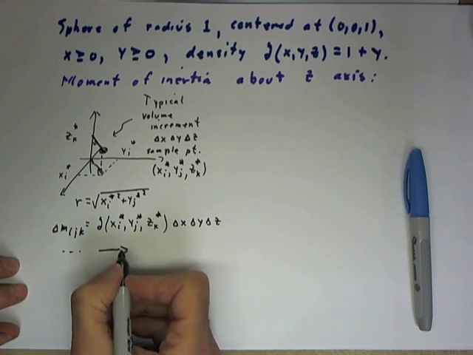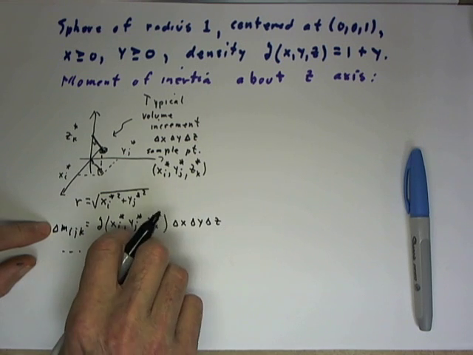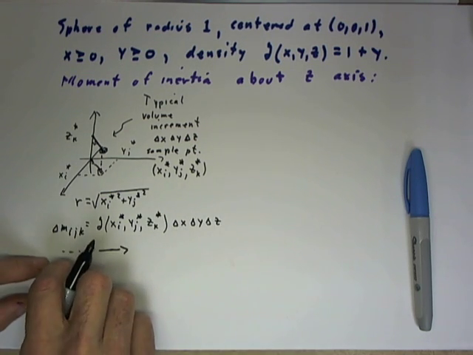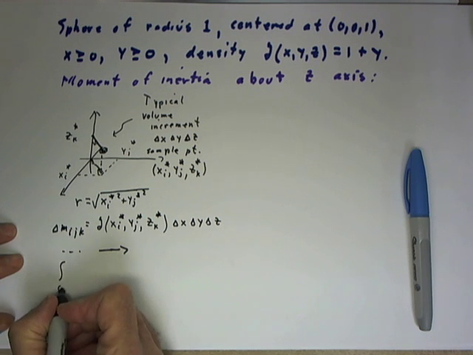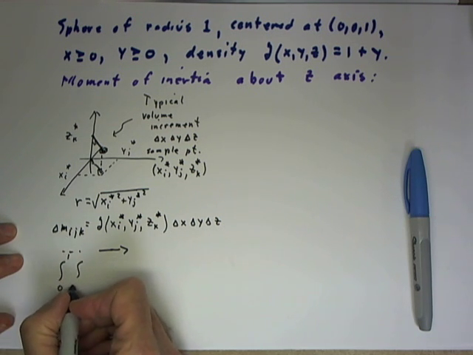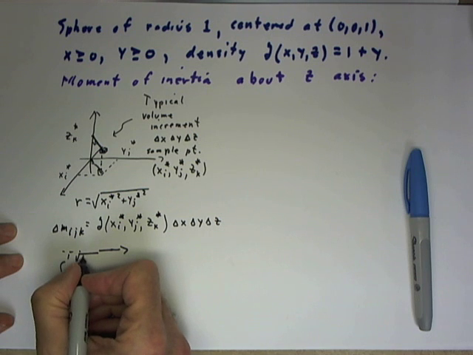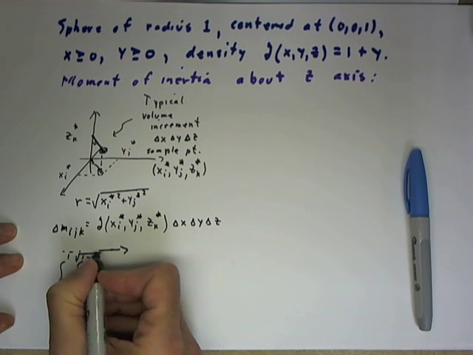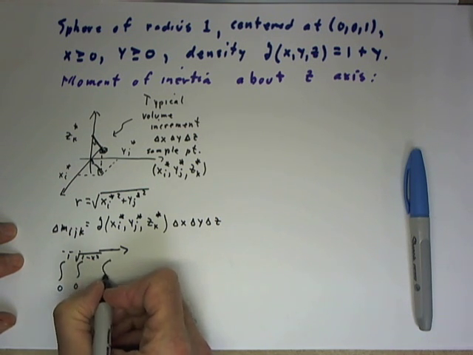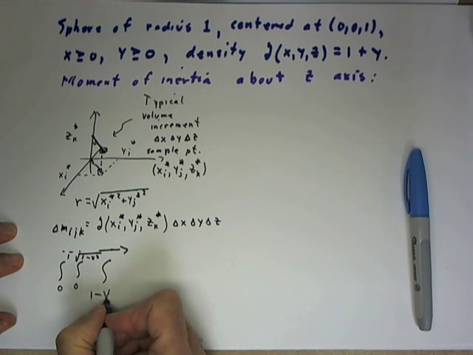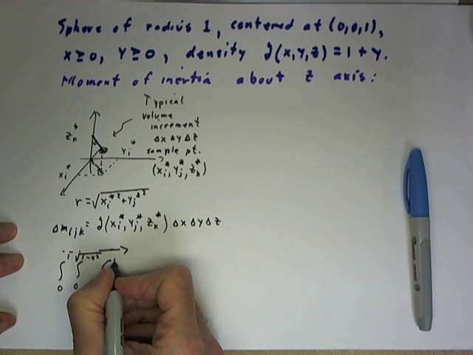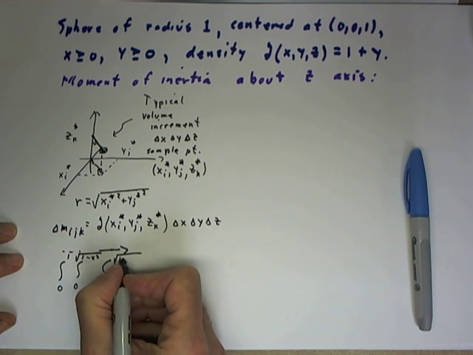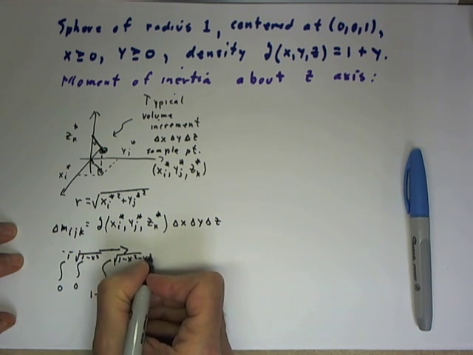We form this sum and let it approach the integral, and the integral that we get is the integral from 0 to 1, from 0 to the square root of 1 minus x squared, and from 1 minus the square root of 1 minus x squared minus y squared to the square root of 1 minus x squared minus y squared.